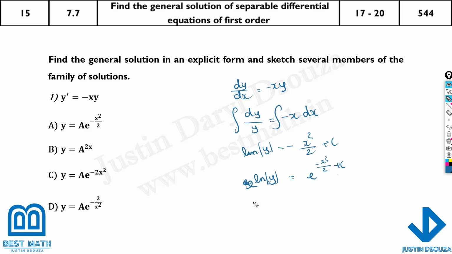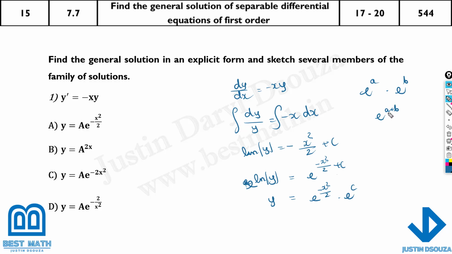Now what next? It'll be y, and the exponential is only positive, so we can just ignore that modulus. It'll be positive values itself. And over here now, e to the power minus x squared by 2 multiplied by e to the power c. What did I do? See, if it is e to the power a and you have another term e to the power b, can I write them as e to the a plus b? Yes, that's the rule.